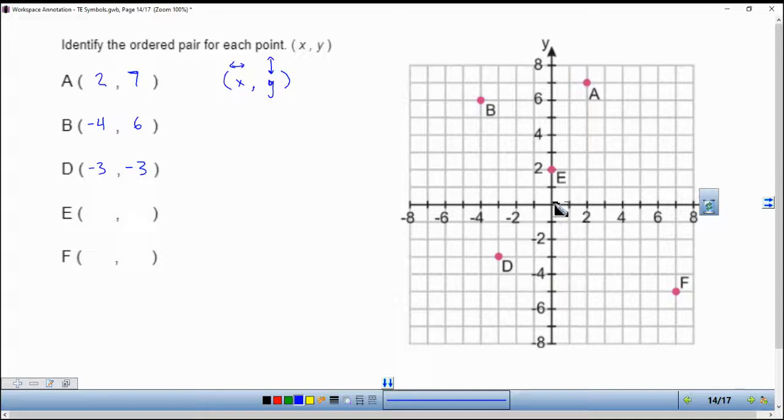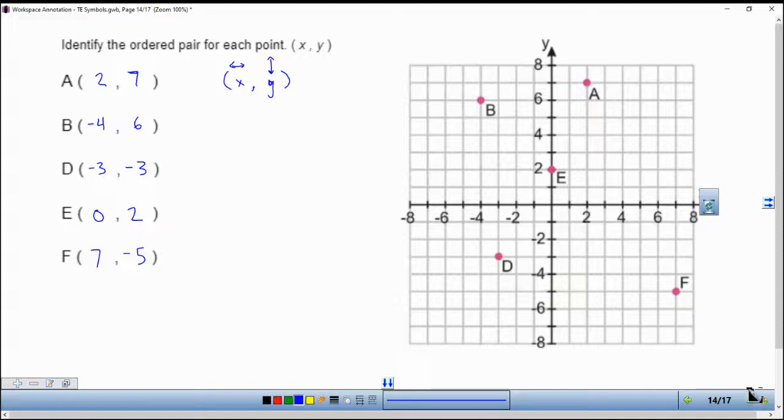So 0 would be the side to side, and then we have to go up to 2. So it's at 0, 2, which is on the y-axis. It's not in a quadrant. And then point F, side to side to 7, then down to -5. So it'd be 7, -5.